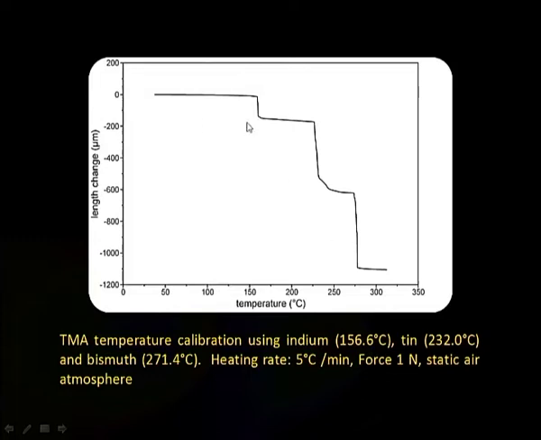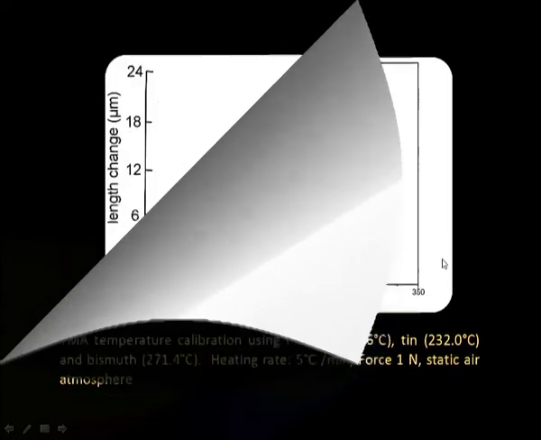So, if we get these three sharp changes in the length versus temperature curve corresponding to 156.6, 232 degrees and 271.4 degrees, we can conclude that our instrument is properly calibrated.